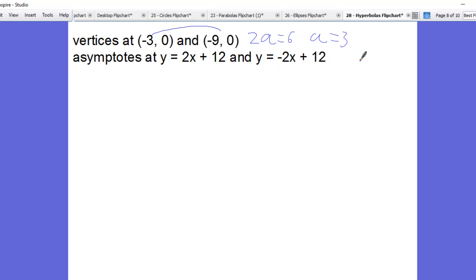And we also know that we have a horizontal orientation because the y stays the same and the x moves. So because we have a horizontal orientation, our asymptotes are plus minus b over a times x minus h plus k.